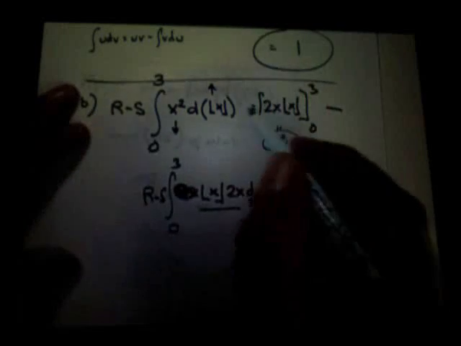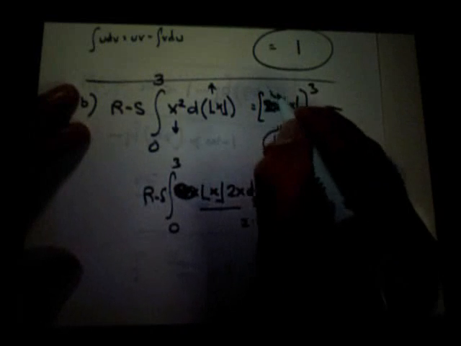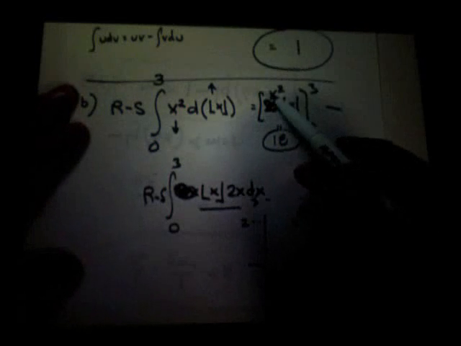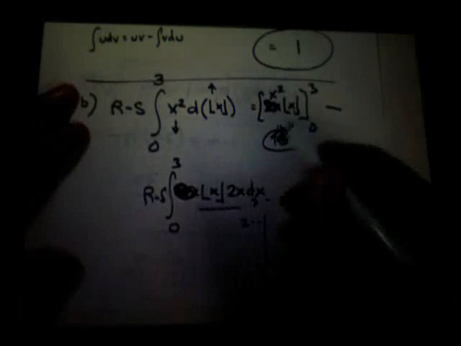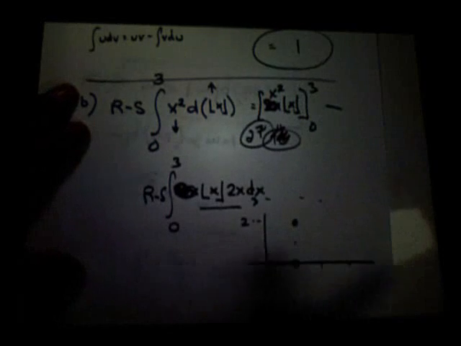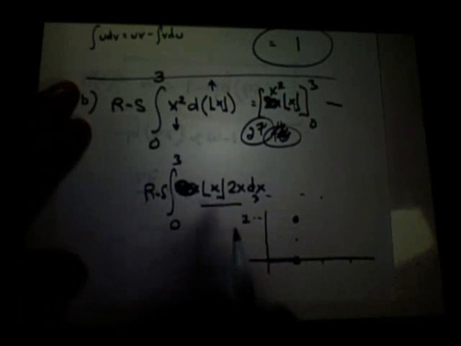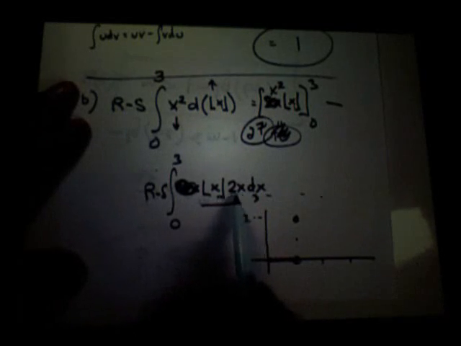Oh, he isn't coming down yet. x squared, you're right. Okay. So 9 times 3 is 27. Thank you, sir. 27, not 18. All right. And then I got it right here, though. Maybe that's what I was thinking.